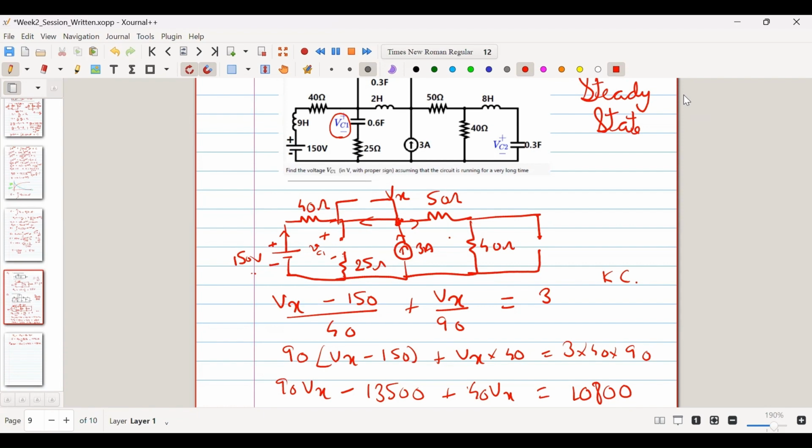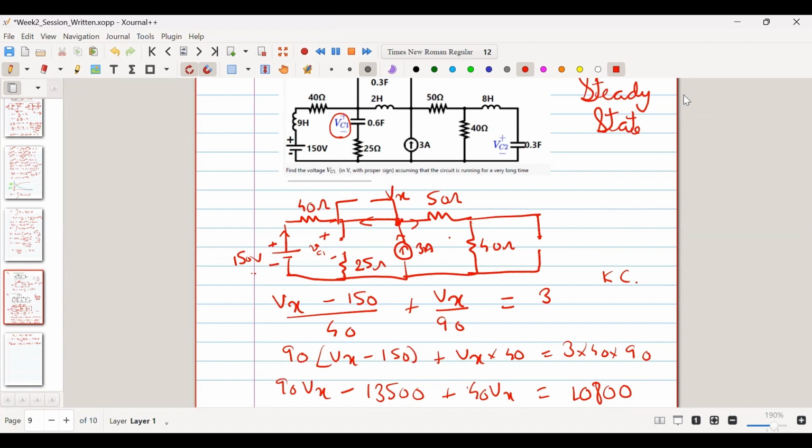Probably their convention is that when it is delivering they show a minus sign, and when it is absorbing they show positive. Even for resistors, we generally keep absorbing as a positive voltage drop, with current flowing from positive to negative.